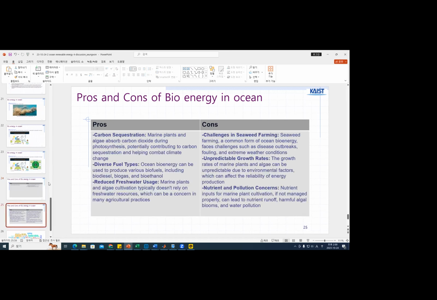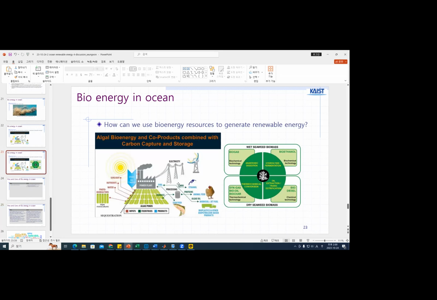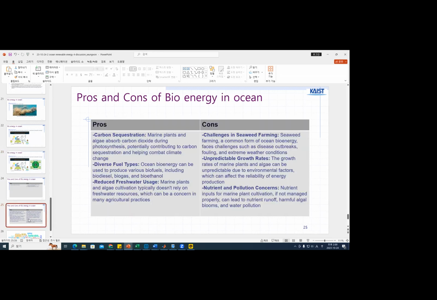So this one is my opinion. Algae itself can absorb the carbon in the air, so it has a carbon sequestration property. And as you see, we can make ethanol and biodiesel jet fuel by using biomass, so it has a diverse fuel types property. Lastly, we don't have to use a lot of fresh water because we harvest the algae in the ocean.